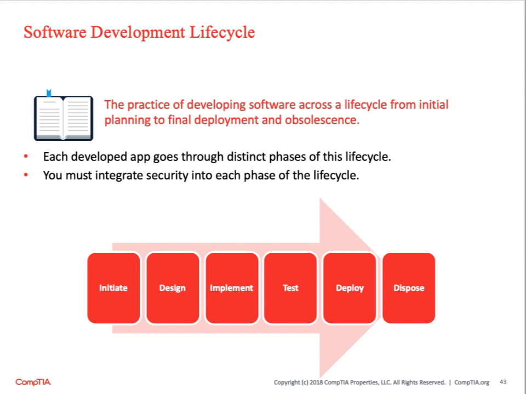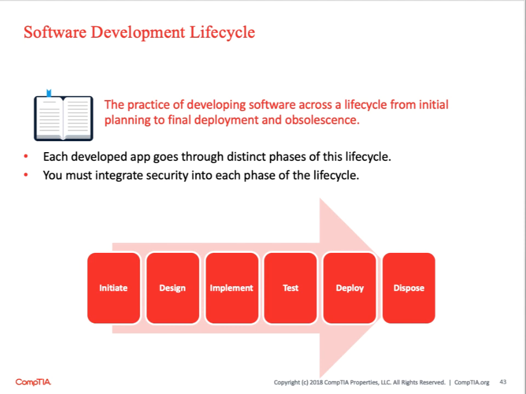So this is going to be the practice of developing software across a life cycle from its initial planning to its final development. The application life cycle within an organization is going to have several different phases. For the software development lifecycle to be effective, we're going to want to integrate information security controls into each step. There are several steps, and these will change depending on the organization.